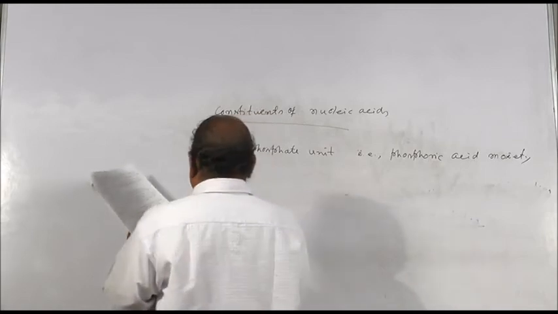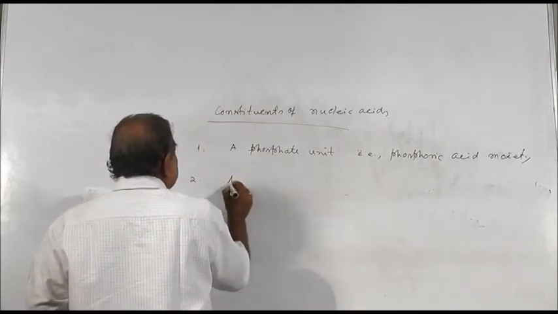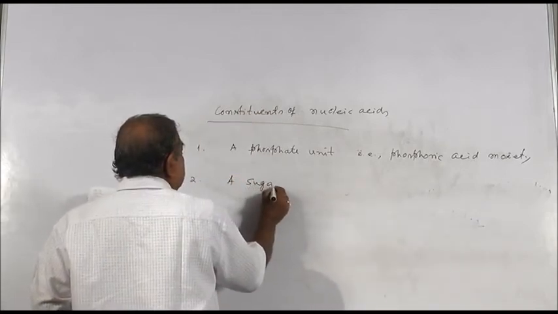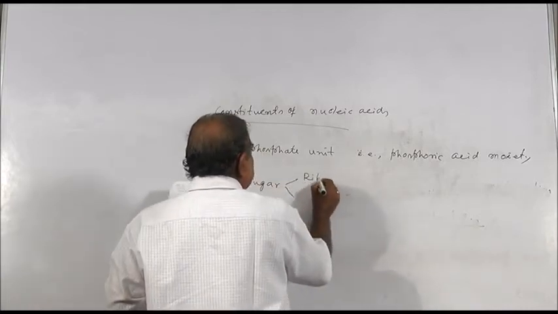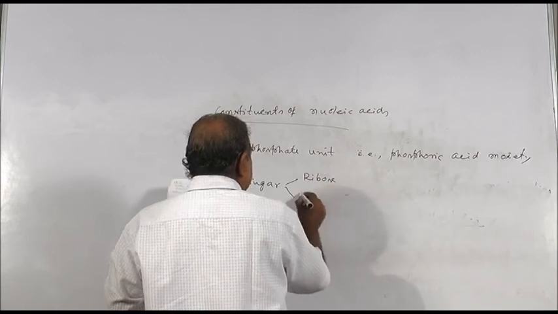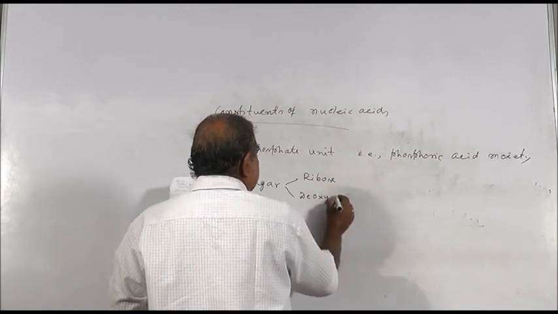The second, it contains a sugar. These are again two types. One is ribose sugar, another is deoxyribose.